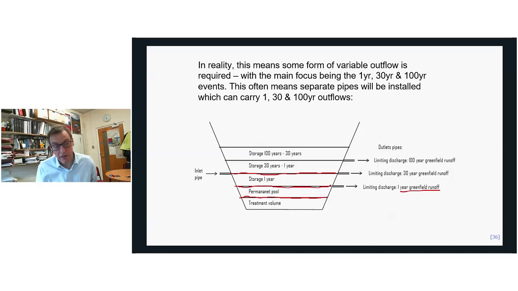Likewise, the 30 year, we don't expect it to pass anything more forward than the 30 year runoff rate. And if we're going to 100, similarly.